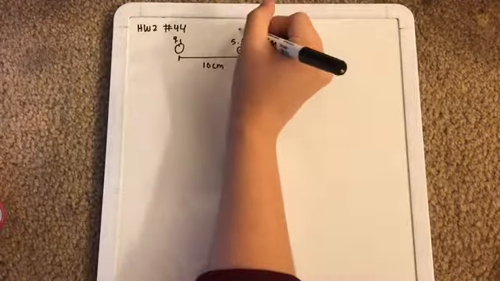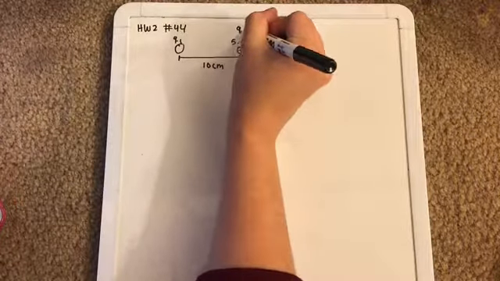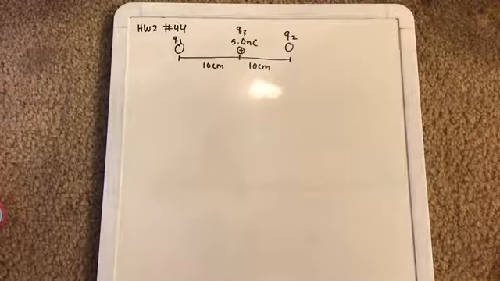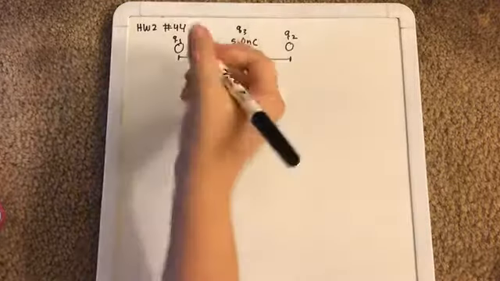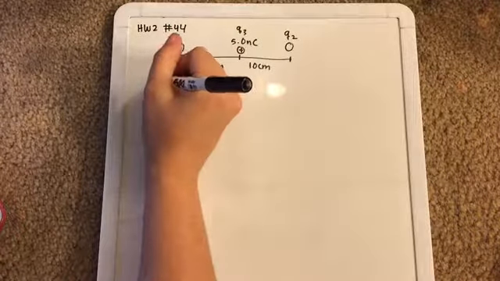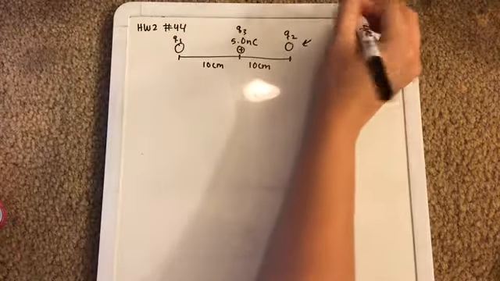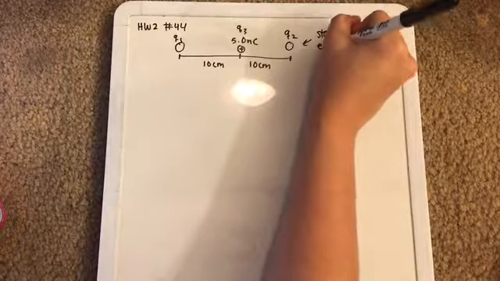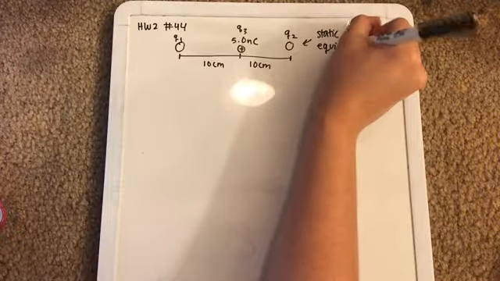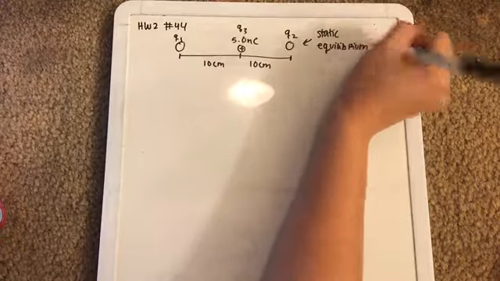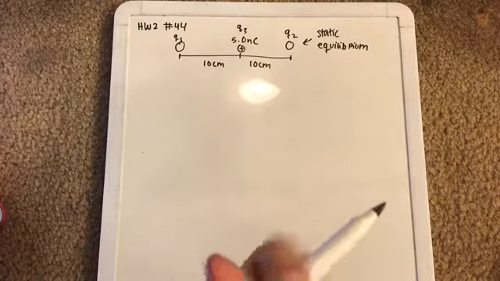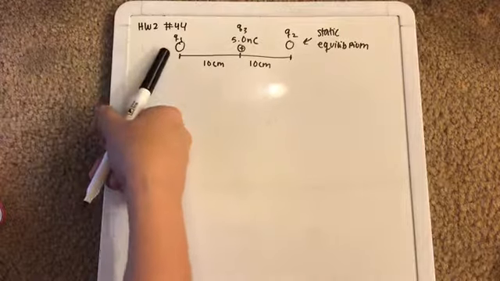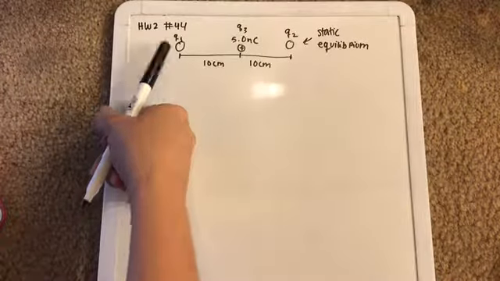So I'm gonna go ahead and label this Q3 so they can all be labeled. Okay, so we know that Q2 is in static equilibrium. So given that Q2 is in static equilibrium, we have to find the point charge of Q1.